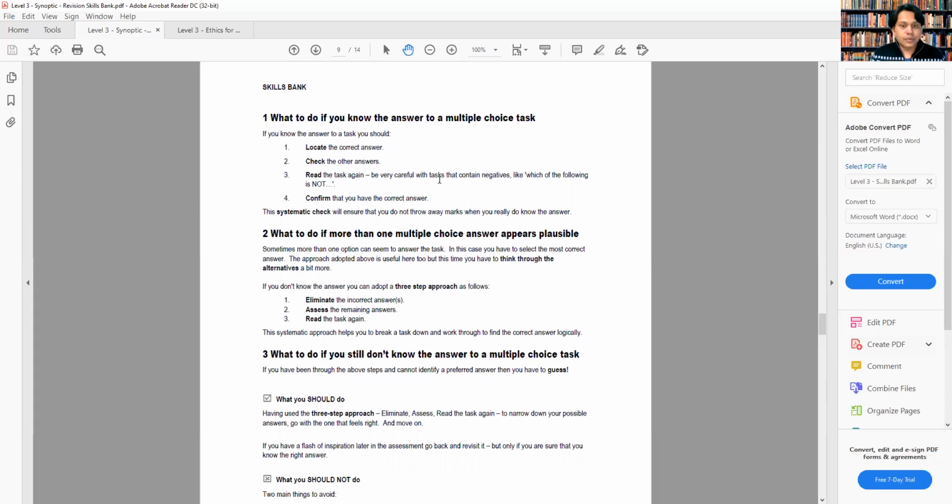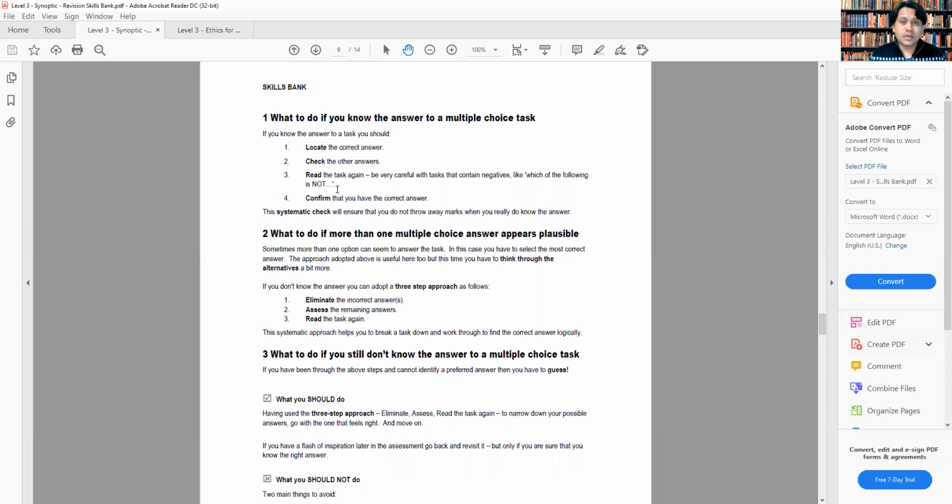Be very careful with tasks that contain a negative, like which of the following is not. Remember that there are a lot of questions. You quickly read and you might choose the wrong one because they said which of the following is not a definition of a limited company. And you said a limited company has a separate entity, and you said, oh, that's the right one. And you said a limited company has limited liability for the shareholders. You said, oh, that's the right one.